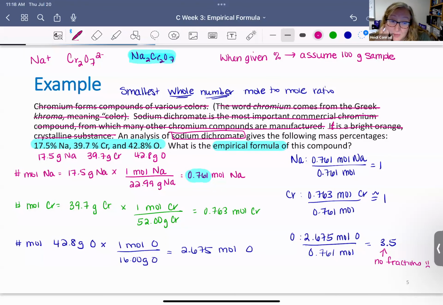Can't have fractions. So what we do is multiply all of our number of moles by some factor to make sure that they're all whole numbers.